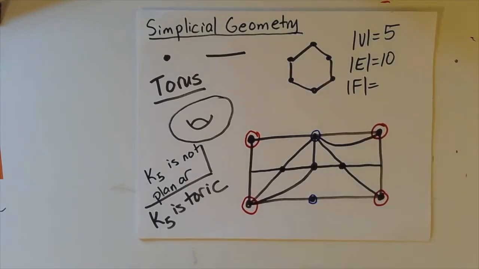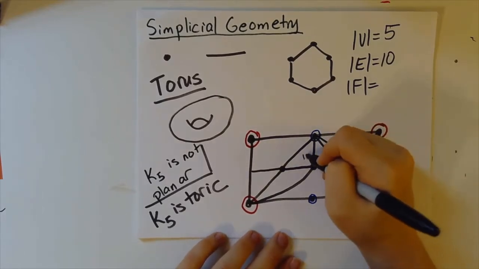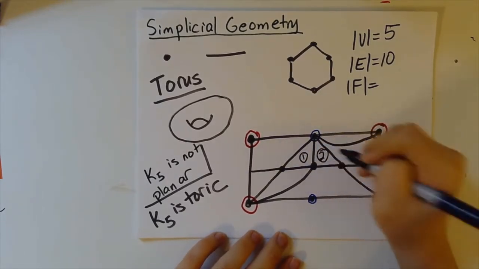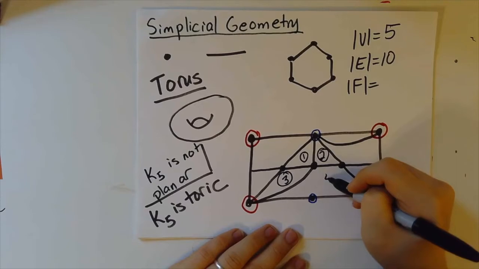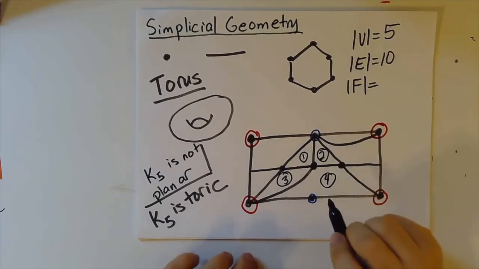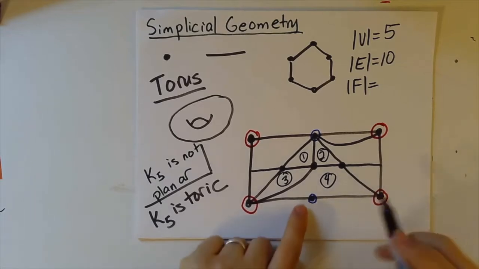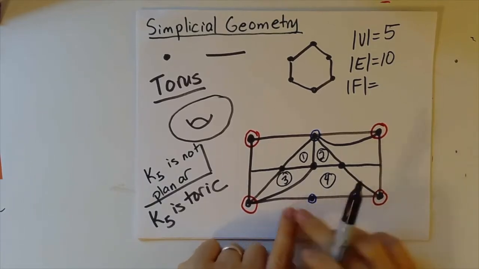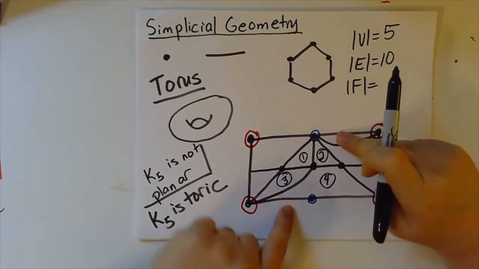Okay. And the number of faces, I'm going to have to count. So there's 1, 2, 3. Okay, here's a 4th one. And that's going to connect. And so here's where we have to pay real close attention to the connections, because this connects to there, and it connects to there.